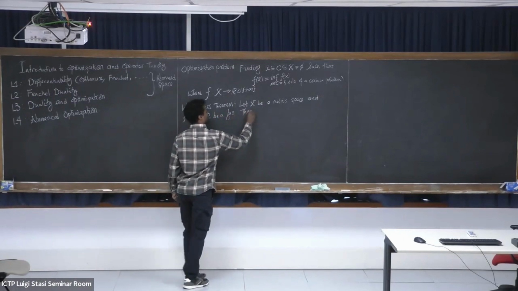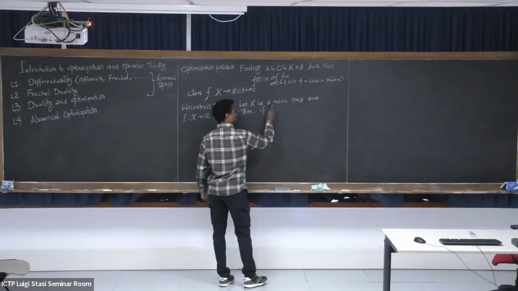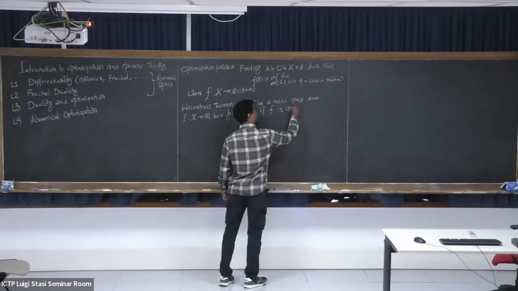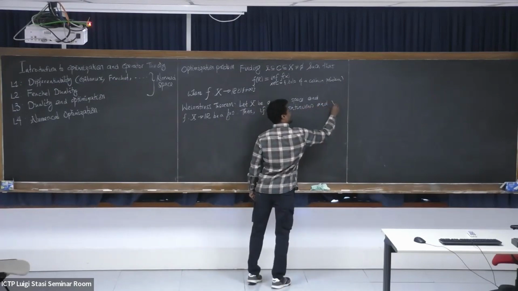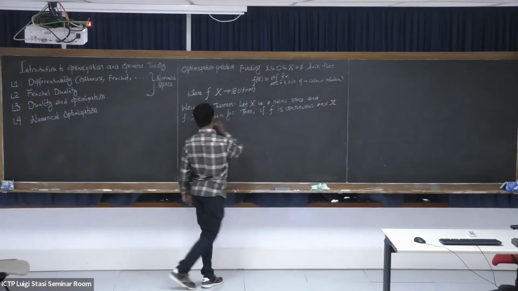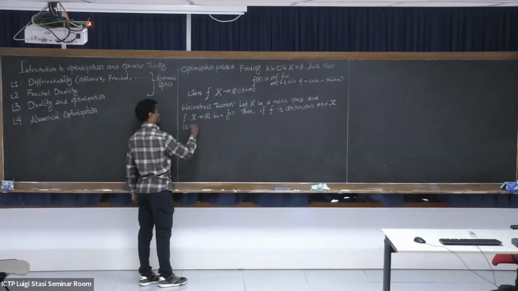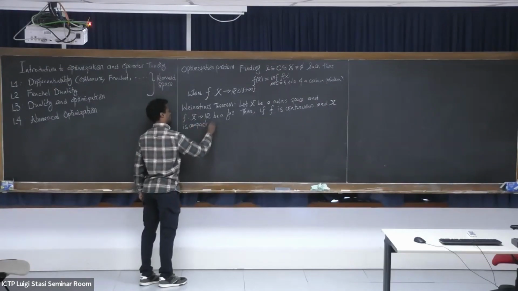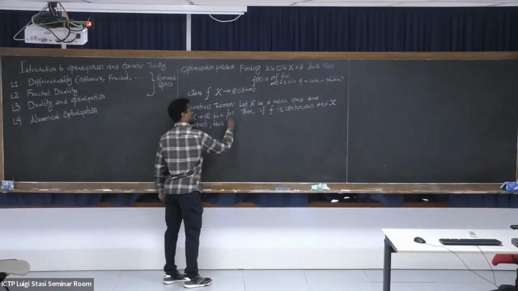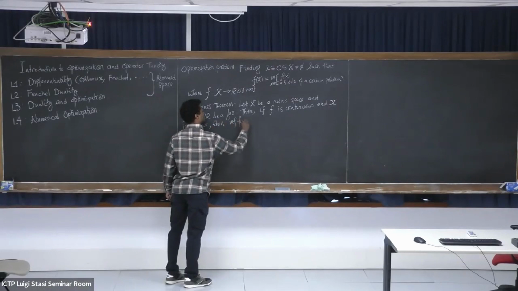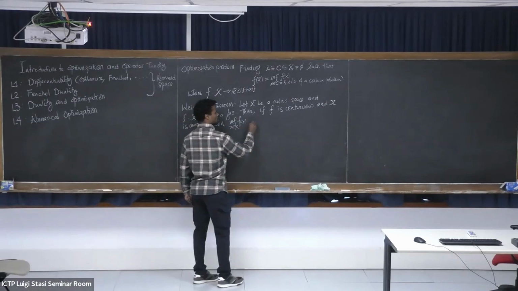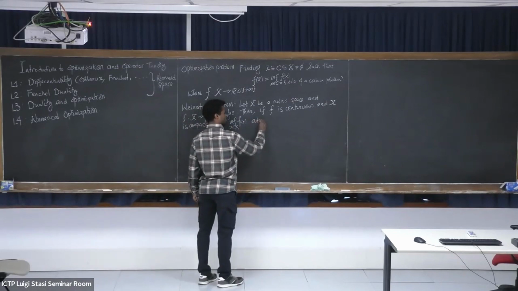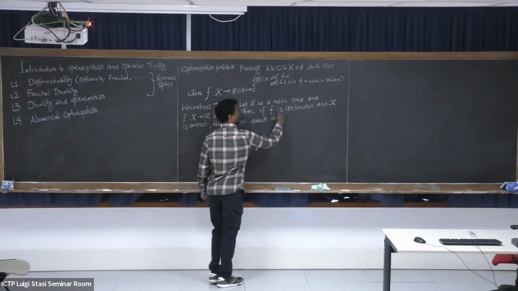Then, if f is continuous and X is compact, then the minimum of f of x, this unconstrained optimization, admits at least one solution.